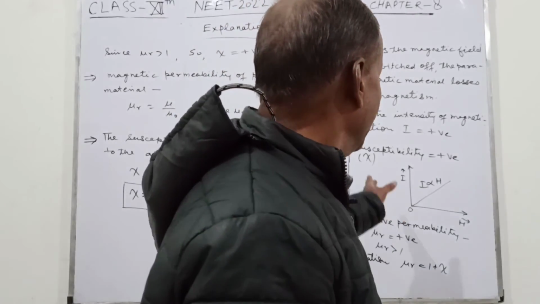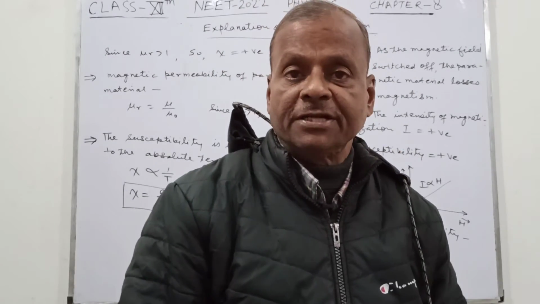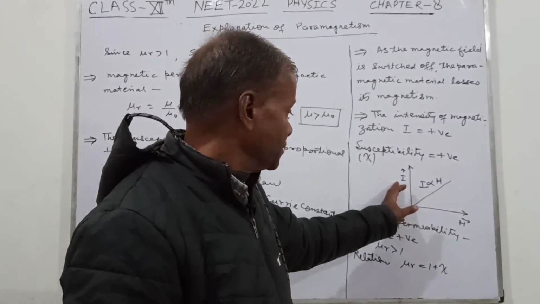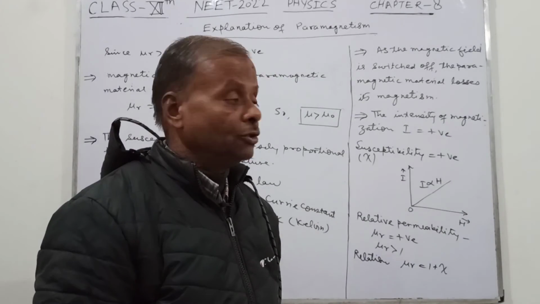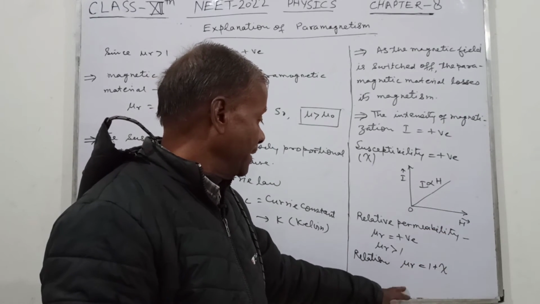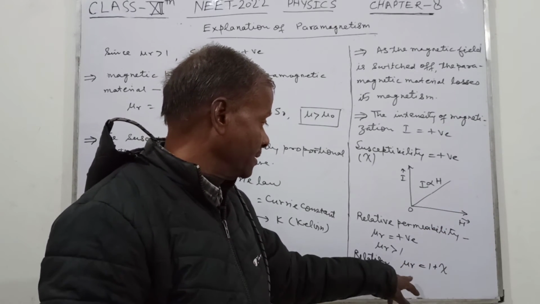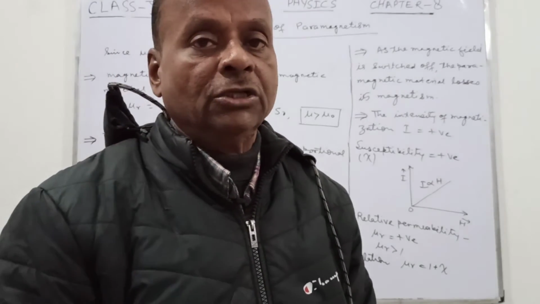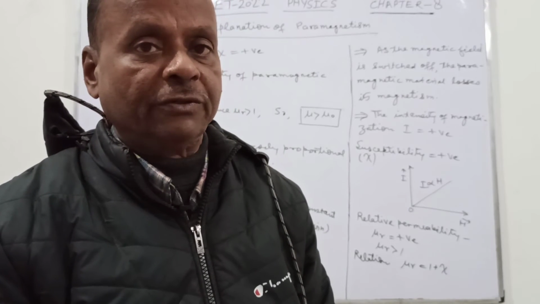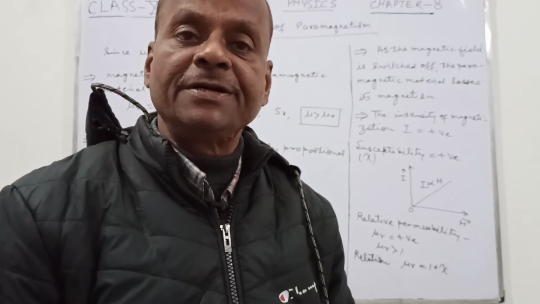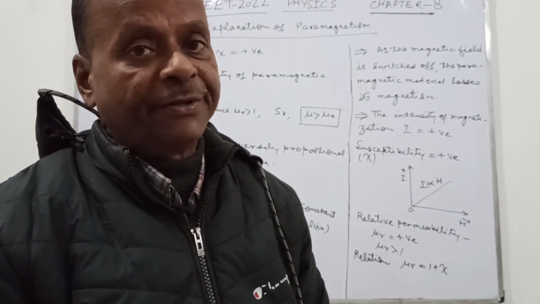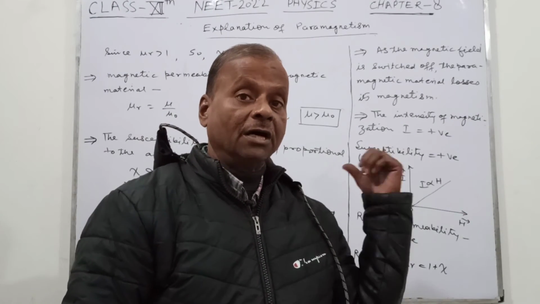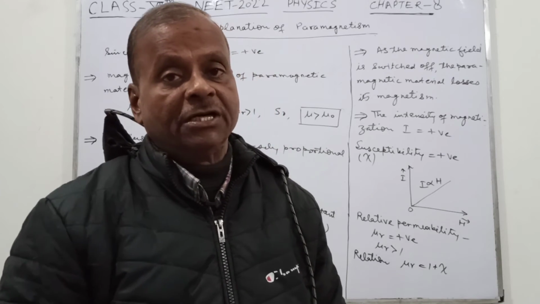For these, the intensity of magnetization is positive, and this varies with the applied magnetic field, so I is proportional to H. Moreover, the relative magnetic permeability is more than 1, so the susceptibility is positive. And this susceptibility depends upon the temperature, being inversely proportional to it. So this chi varies with the temperature.